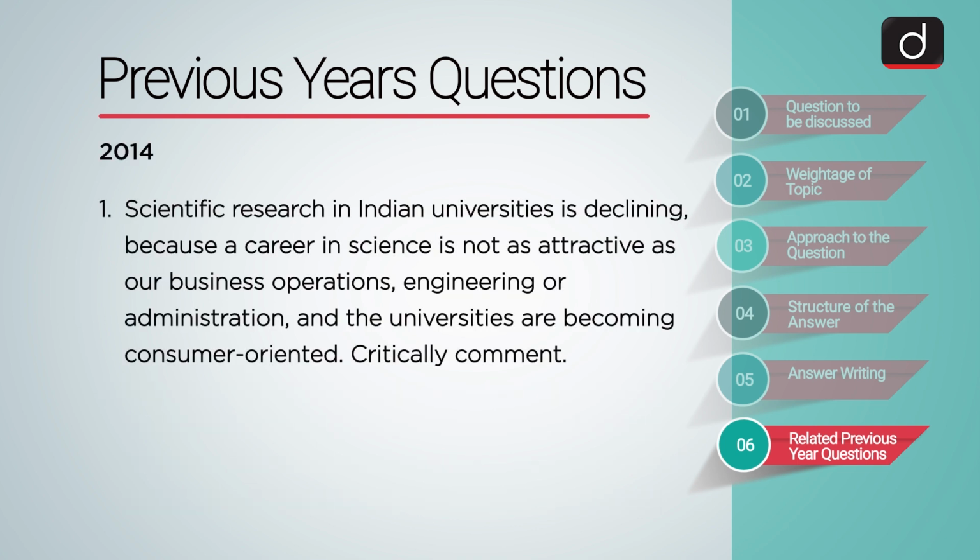In 2014, the following question was asked. Scientific research in Indian universities is declining because a career in science is not as attractive as in business operations, engineering, or administration, and the universities are becoming more consumer-oriented. Critically comment.